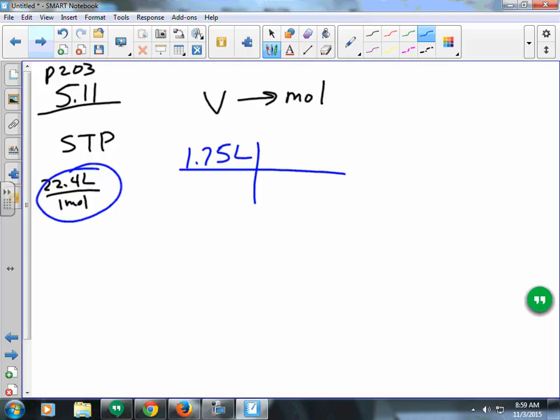We're going to use that as a unit multiplier. We want to get rid of liters and change it to moles of nitrogen. So it's 22.4 liters for every 1 mole. So that means we divide it. We get 0.781 moles of nitrogen.